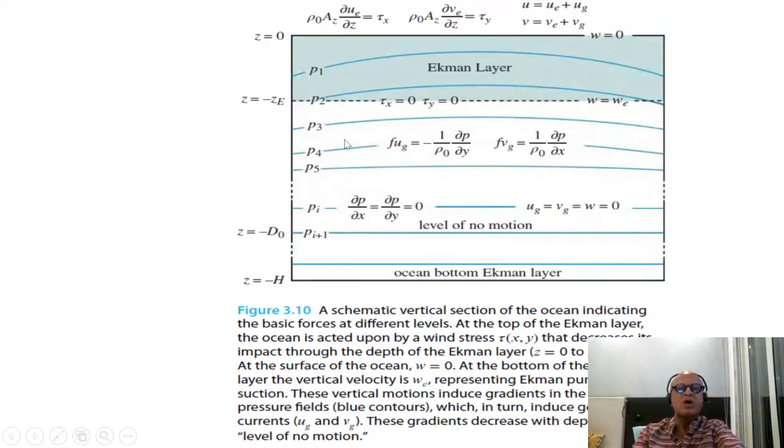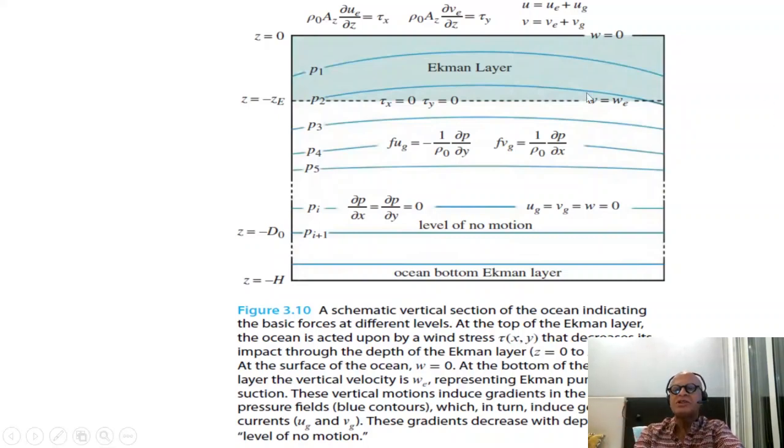And as you go to the surface layer, you have some depth at which the wind stress effects do not penetrate to that level. So tau x and tau y go to zero, and that's where the effective forcing of the winds generates the vertical velocity, which we will see is known as Ekman pumping or Ekman suction, so convergence and downwelling or upwelling.